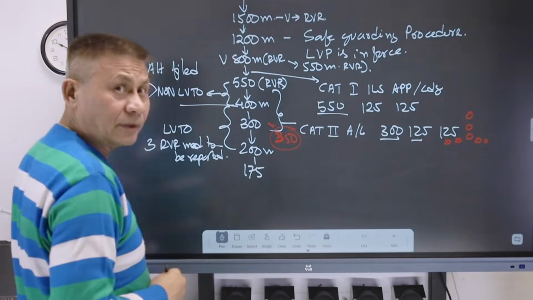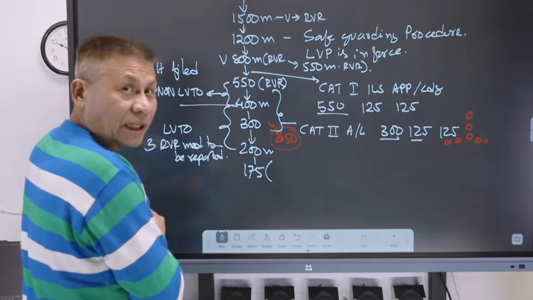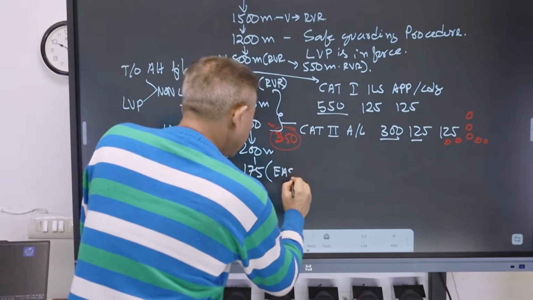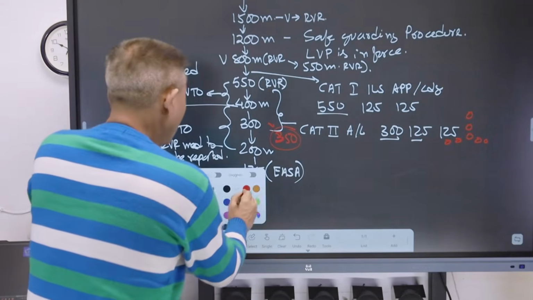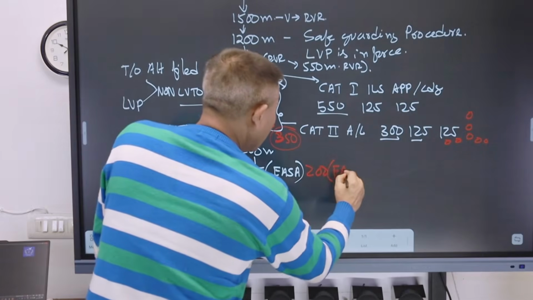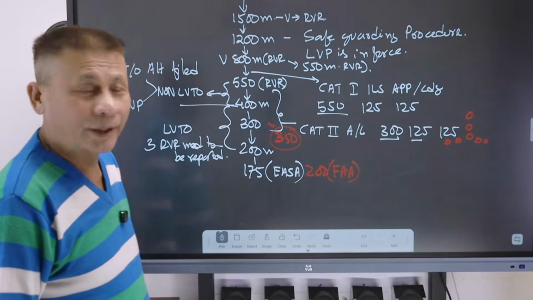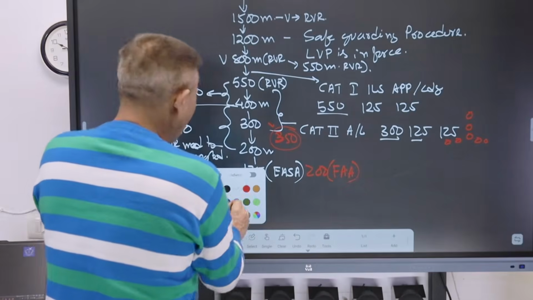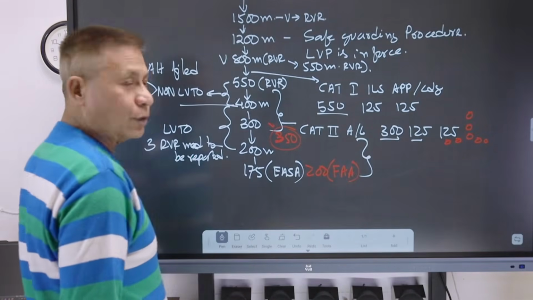So now the next is 175, in case you are operating an aircraft which has been certified by EASA rules, or 200 if you are operating an aircraft which has been certified by FAA, like the Boeings. Okay, the kind of operation we do here is from right down below from 300 to this figure.